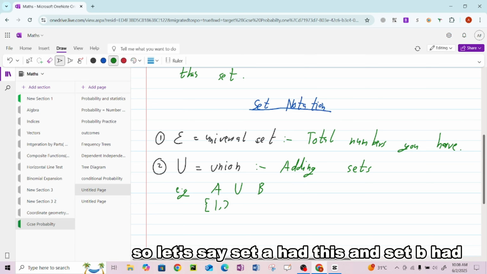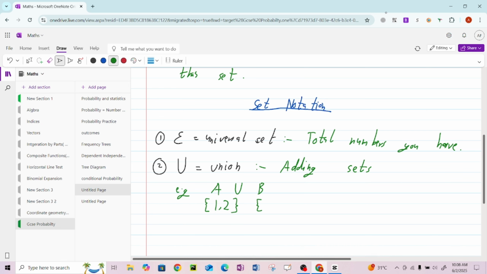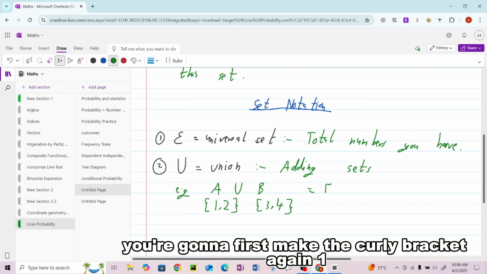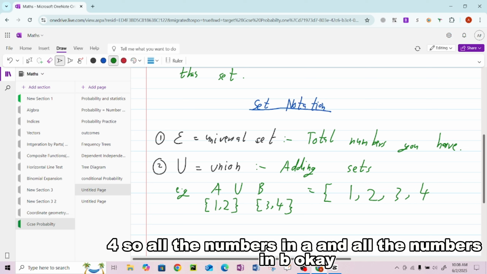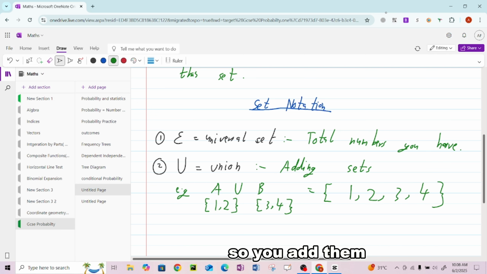Okay, so let's say set A had this and set B had, let's say, 3 and 4. Okay, so A union B would be, they're going to first make the curly bracket again, 1, 2, 3, 4. So all the numbers in A and all the numbers in B. Okay, so you add them.